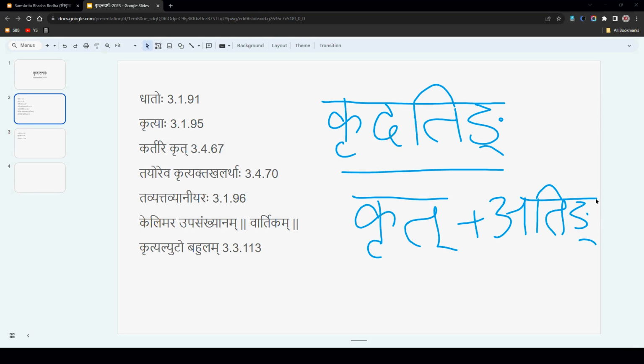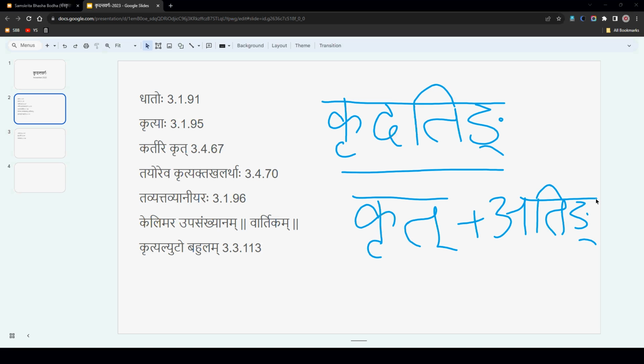Ting Pratyayas are also added to Dhatus, right? Ting and Krit. So Krit Ating is defining what is Krit Pratyaya. Ating means not Ting. So those Pratyayas which are not Ting Pratyayas and are added to Dhatus get the name Krit iti. That is the basic definition of Krit Pratyaya.